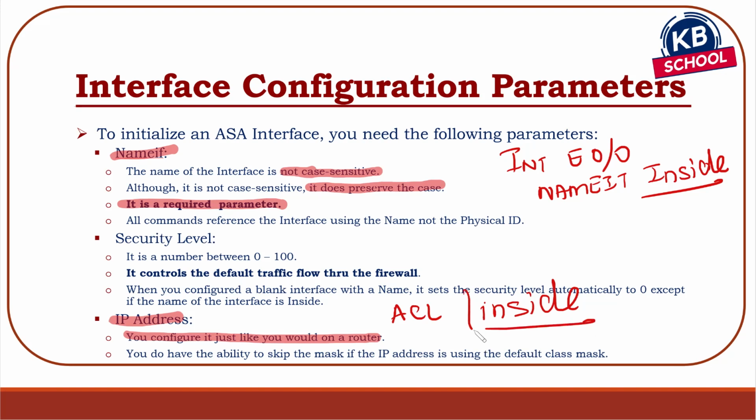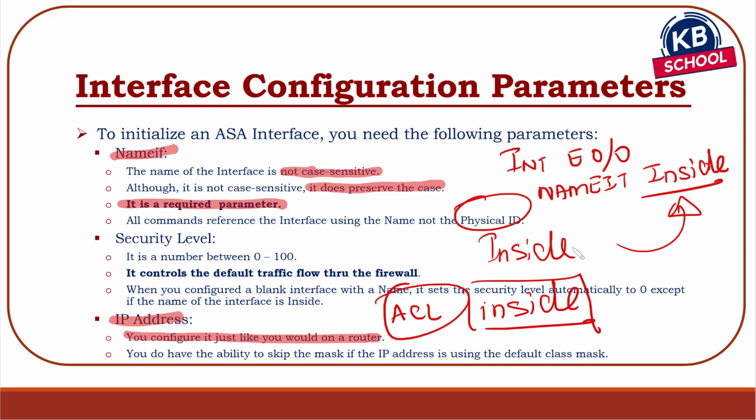When you type it in, you applied it to inside, you'll go back into your running config, you'll notice that it has changed the case back to Inside to match the case. If it was case sensitive, it would not even take the command, which it doesn't. As I said, for crypto map it does, but for all the other commands it'll just convert it over, it'll preserve the case. All right, so from this point on, like I showed you, the ACL, whenever you need to apply any of the parameters to the interface, you don't apply it to the physical ID, not to E0/0, you're going to apply it to this name. So it's an important parameter on your ASA firewall.